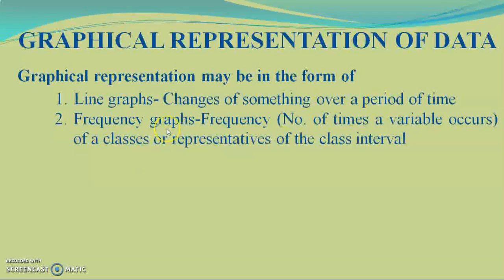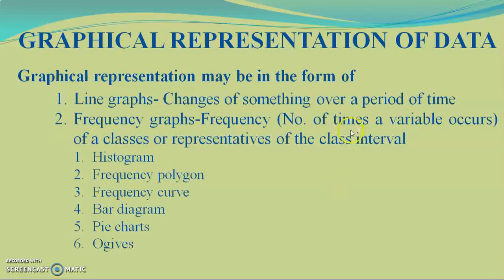But the frequency graph, as we have discussed in the frequency distribution last class, represents the number of times a particular variable repeats or occurs in an event. Frequency graphs are of many types: histogram, frequency polygon, frequency curve, bar diagram, pie chart, or ogives.